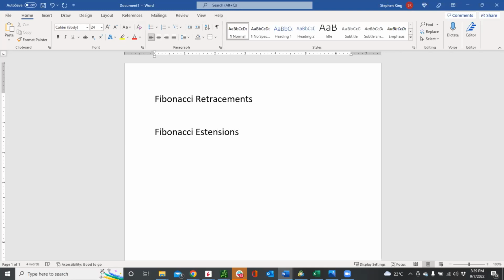Okay, so Fibonacci retracements. Let's talk about Fibonacci retracements. That is, I'm going to show you how you use that in your trading to establish an entry.